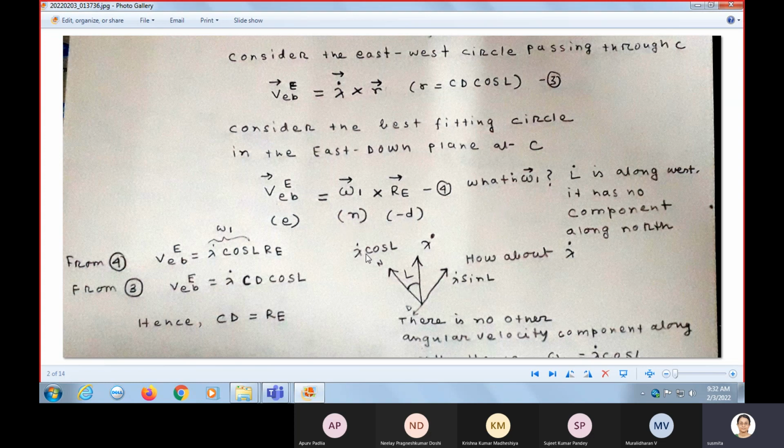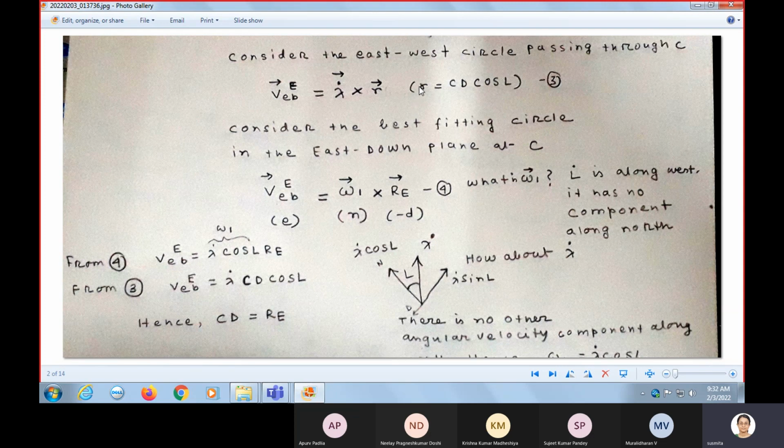And just now we showed that lambda dot cos L is this angular velocity. So from the east-down plane, we get this velocity is equal to lambda dot cos L cross RE. Now if we just consider the magnitude, from this equation we have the east component is equal to lambda dot cos L into RE.